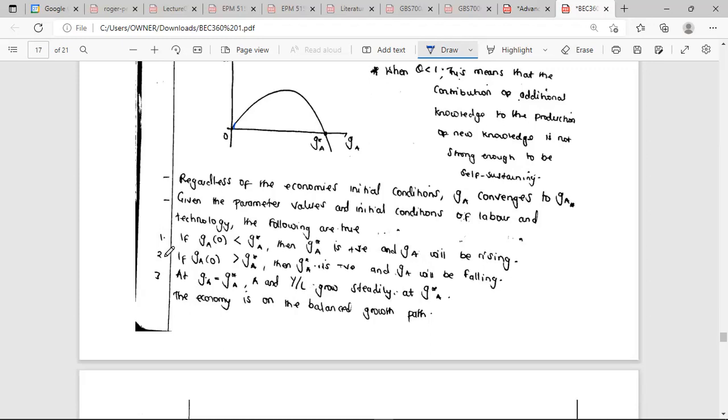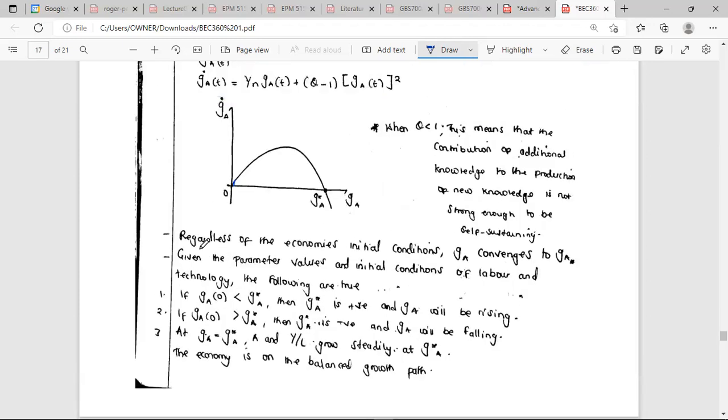For the parameters, the values of the initial condition of labor: for growth of knowledge at the initial position, when starting from zero, it is less than growth of this. If it is less than GA star, I'm sorry, this is GA star here, it means that GA is rising.